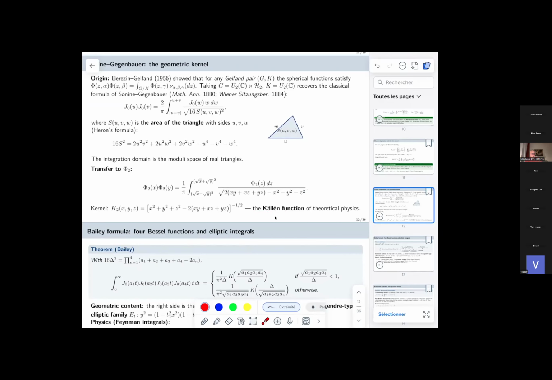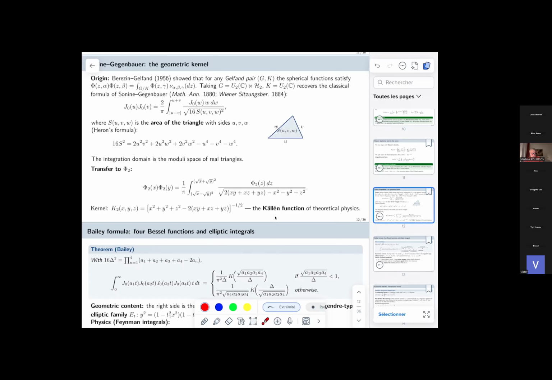Kjellin is a Swedish physicist, one of the founders of CERN, the Central European nuclear research center in Copenhagen, and then it moved to Geneva. Kjellin introduced the propagators for free particles. And in his book on dynamics of relativistic particles, he introduced this function, which physicists now call the Kjellin function.